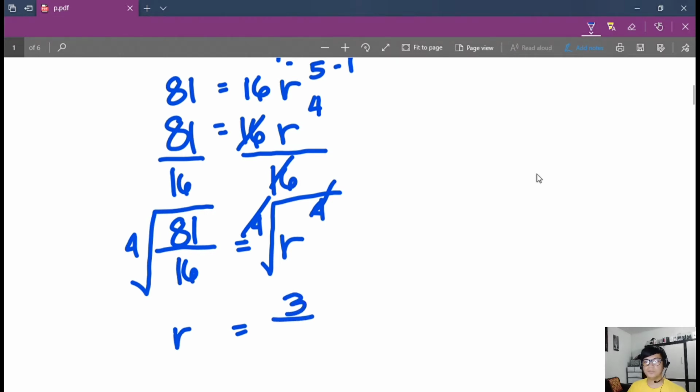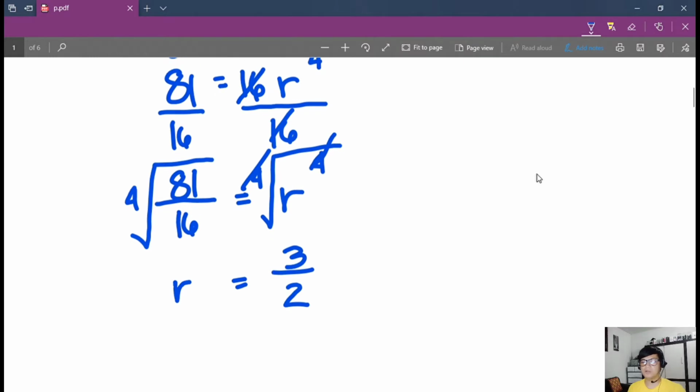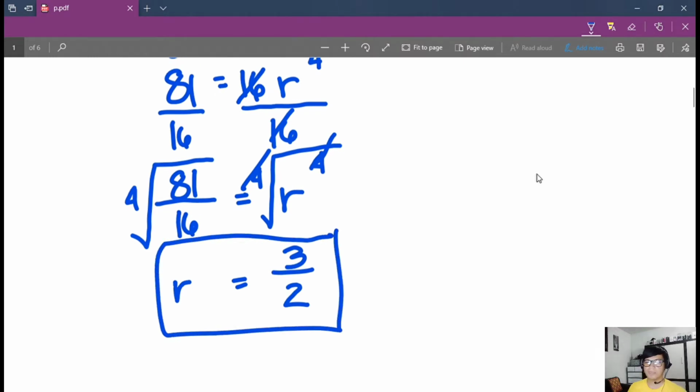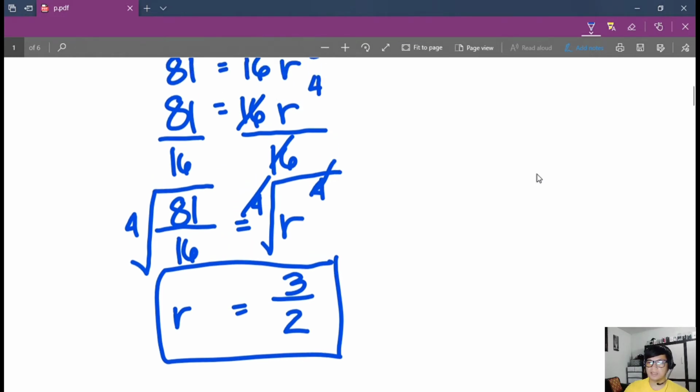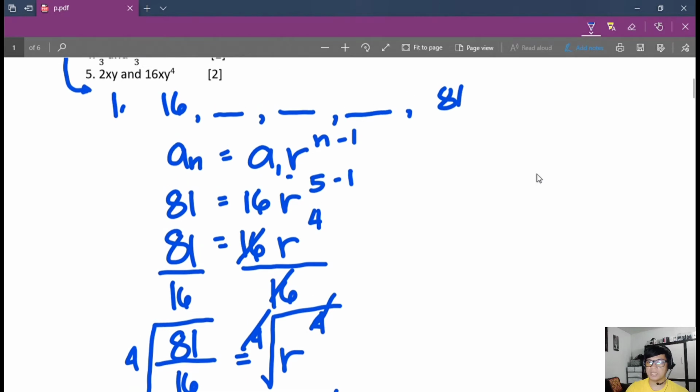What is the 4th root of 16? So the 4th root of 16 is 2. So we now have the common ratio. The common ratio is 3 halves. So what we will do with the 3 halves is multiply it here.